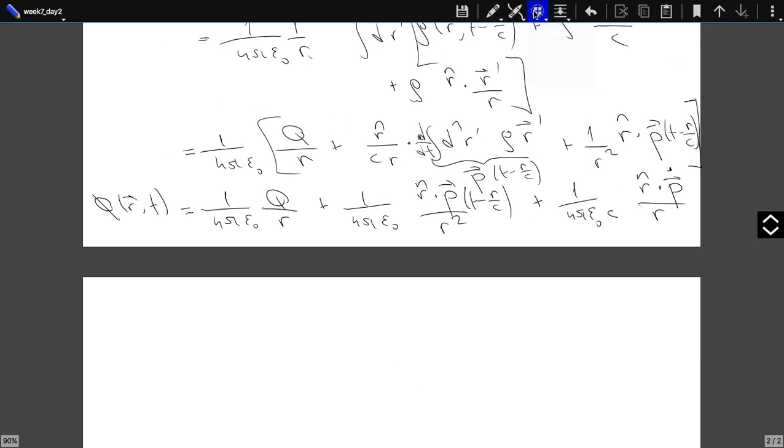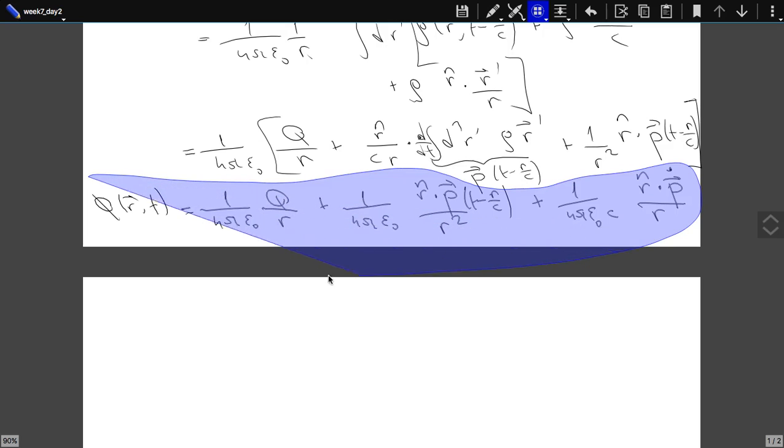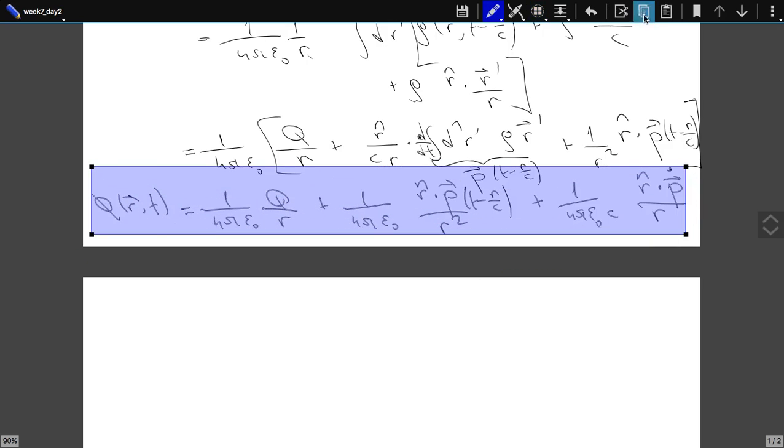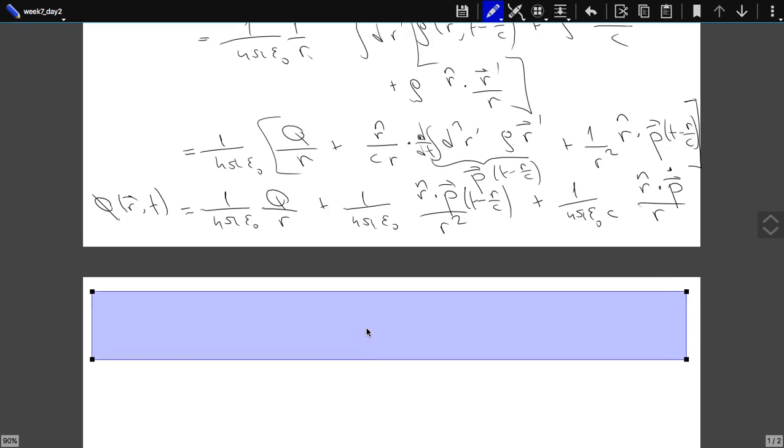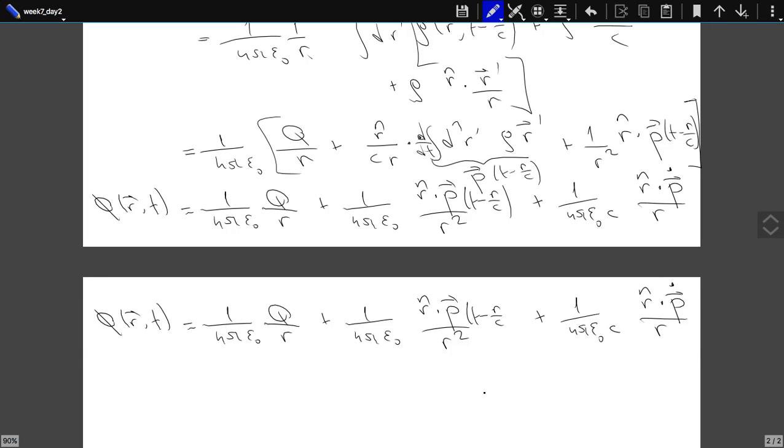Okay, so this is phi, the scalar potential. Now we can do the same treatment with the vector potential also.